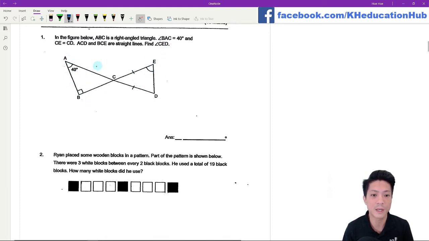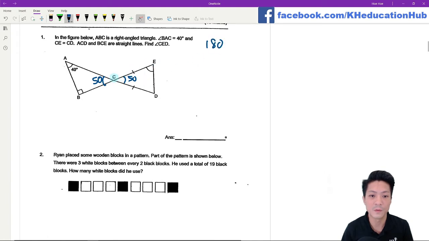If this is a right angle triangle, we know that all three angles will add up to 90, which means that this angle over here is 50. Using the vertically opposite angle rule, we know that this is also 50.